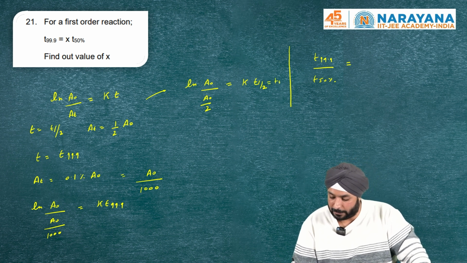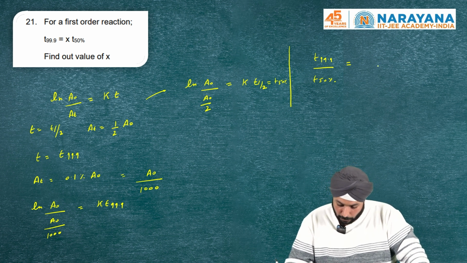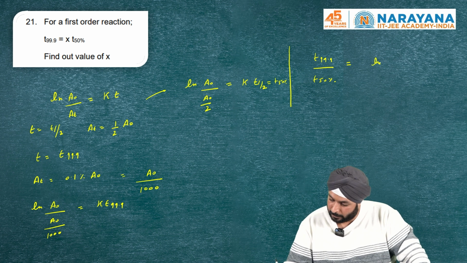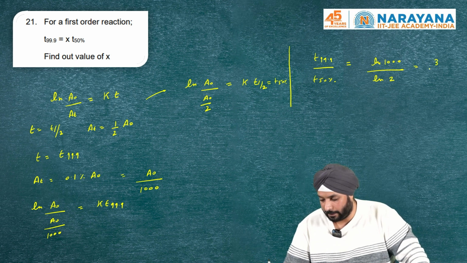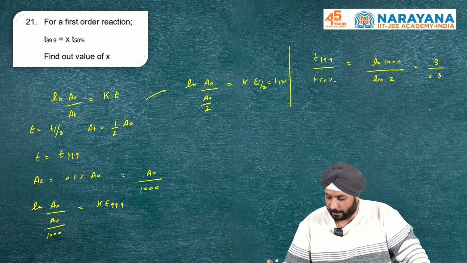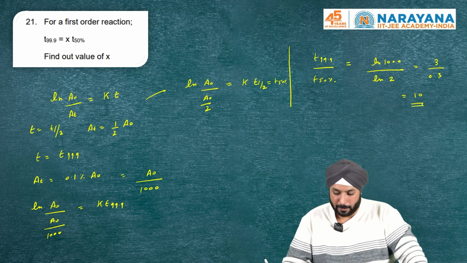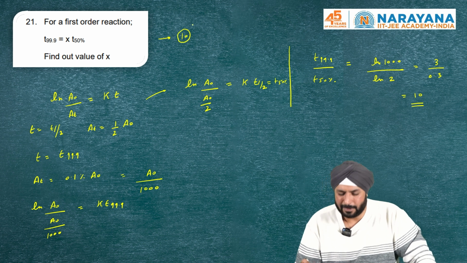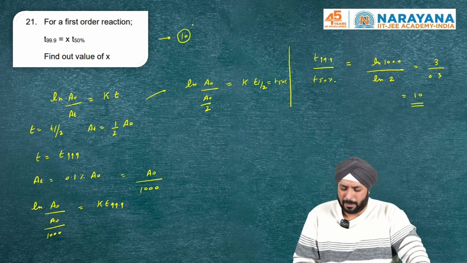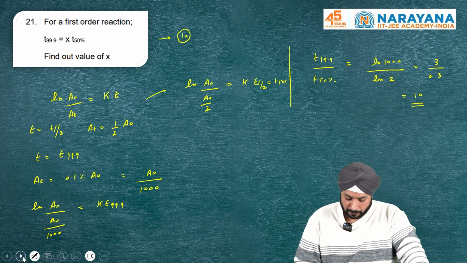If you divide both the things together, so you will get ln 1000 by ln 2. That clearly is 3 by 0.3. 2.303 will get cancelled, so answer will be 10. So the numerical value for x is 10. Simple question. Everyone of you know that a good student should know what is T 99.9, right? We'll move ahead to the next question.